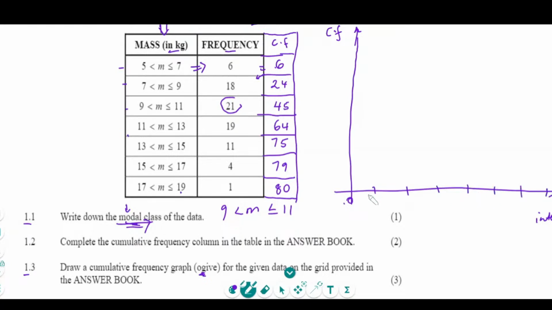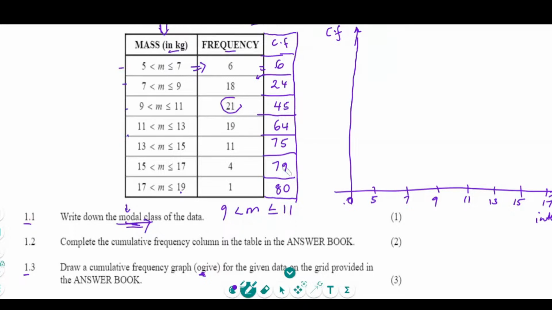I can always extend this to something like a 7. So I can start from this 5 to 7 to 9, 11, 13, 15, 17, and then 19.